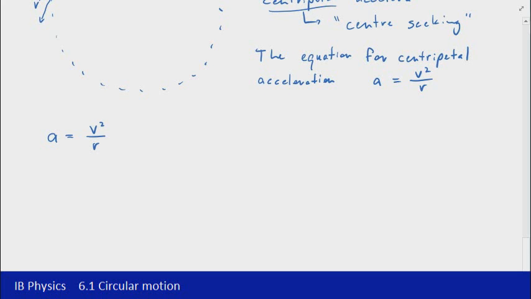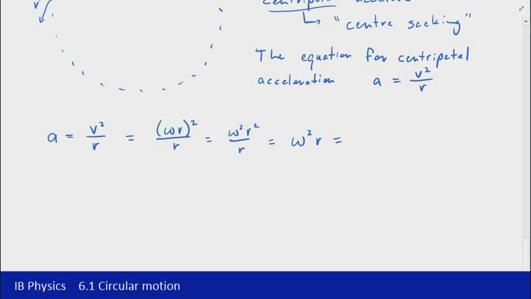The first being that, from the previous video, velocity v is equal to the angular velocity omega multiplied by r. So we can write instead that it's omega r squared over r, and if we expand that we get omega squared r squared over r, and so that gives us omega squared r.